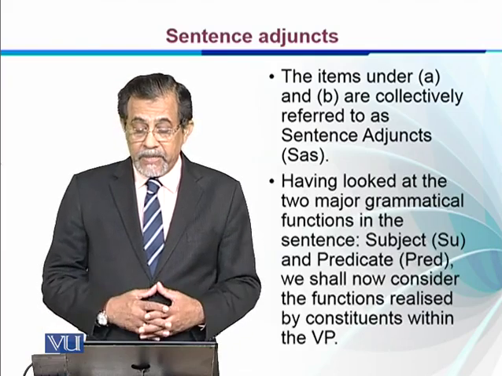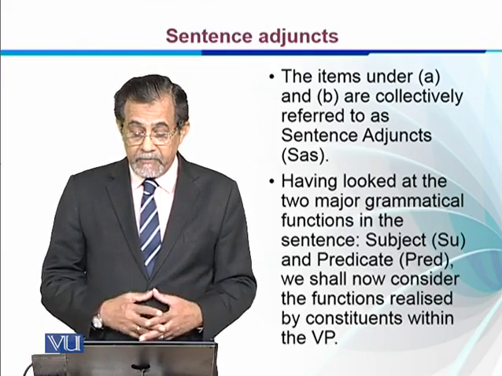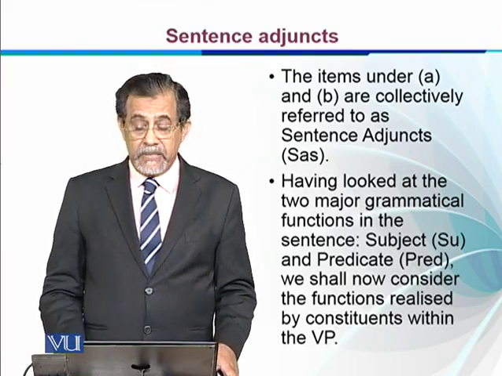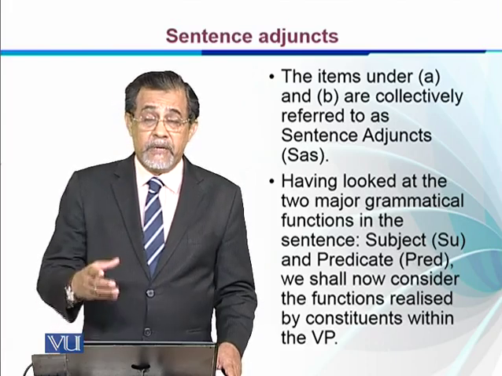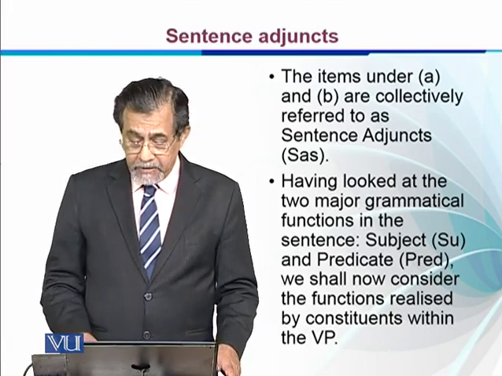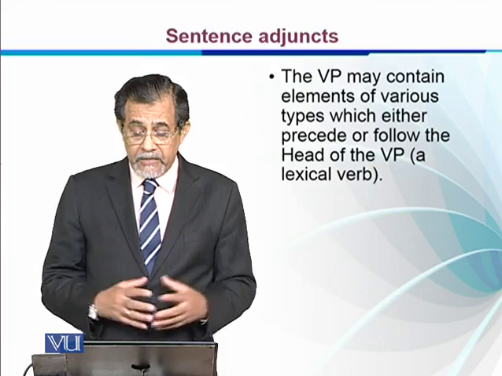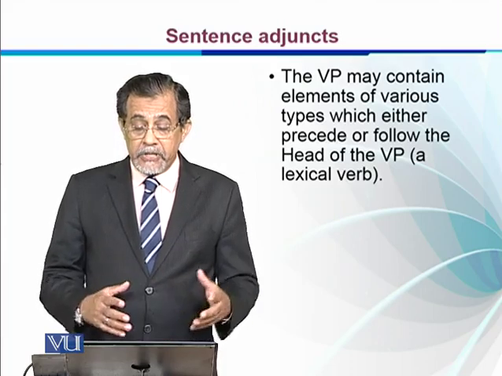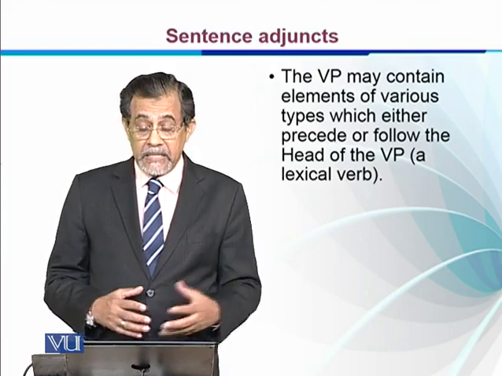Having looked at the two major grammatical functions in the sentence, subject and predicate, we shall now consider the functions raised by constituents within the verb phrase. So, we have discussed adjuncts, noun phrase and verb phrase. The verb phrase may contain elements of various types which either precede or follow the head of the verb phrase, a lexical verb.